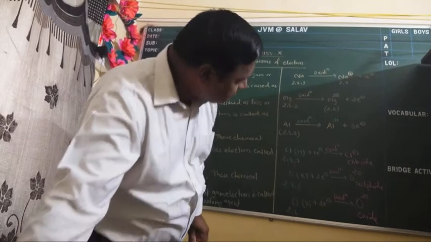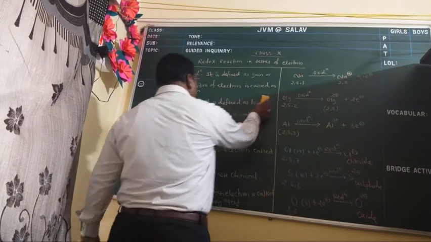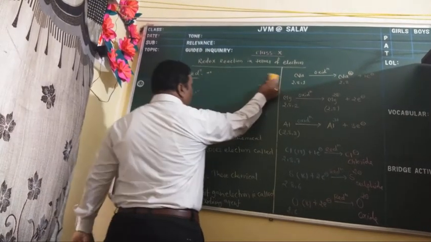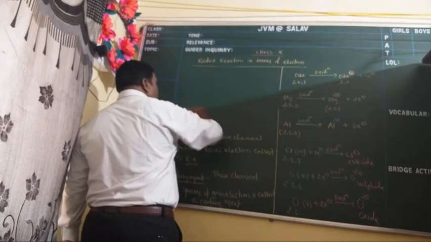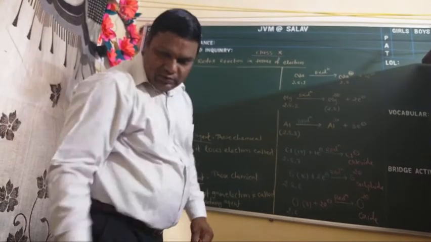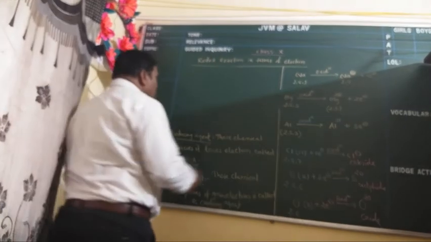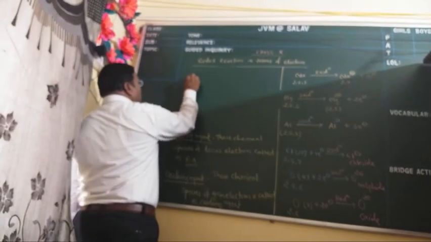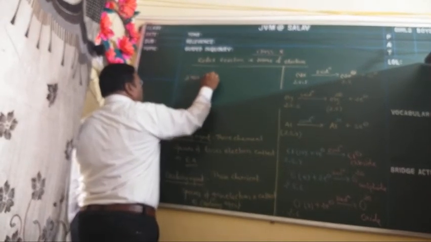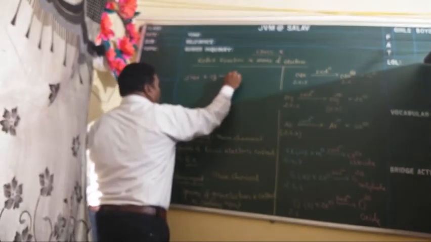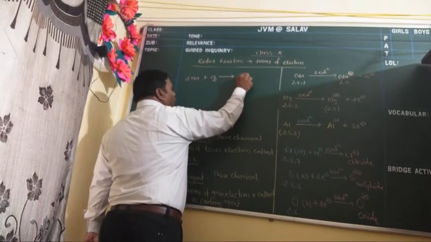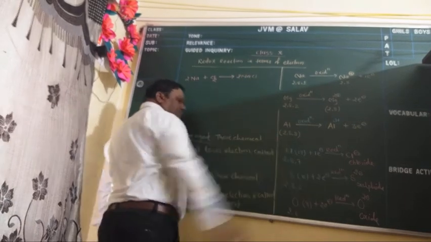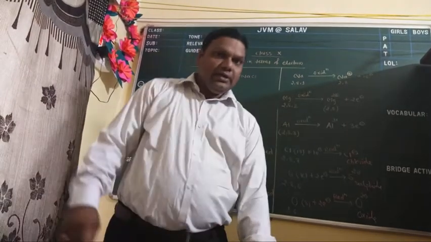Then now we take one example. Sodium plus chlorine to get sodium chloride. Listen, now is it redox?